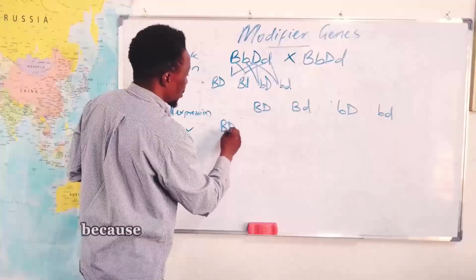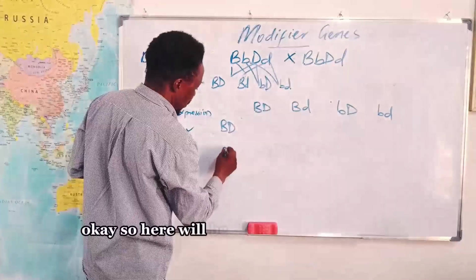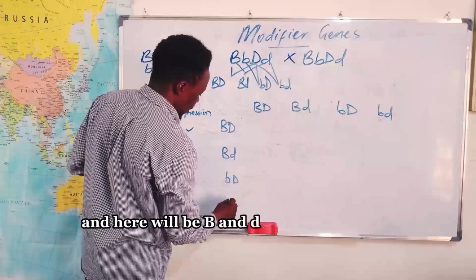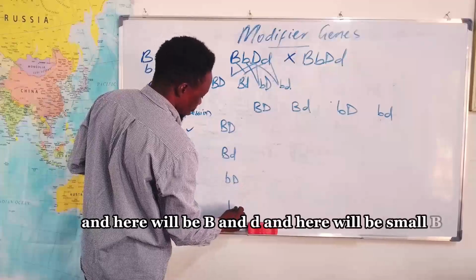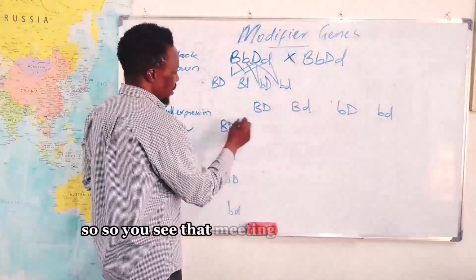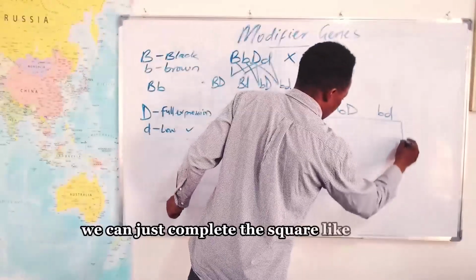The same thing, because they are both heterozygotes. Okay. So here will be small d, and here will be B and D, and here will be small b and small d. So you see that mating, we can also complete the square like this.